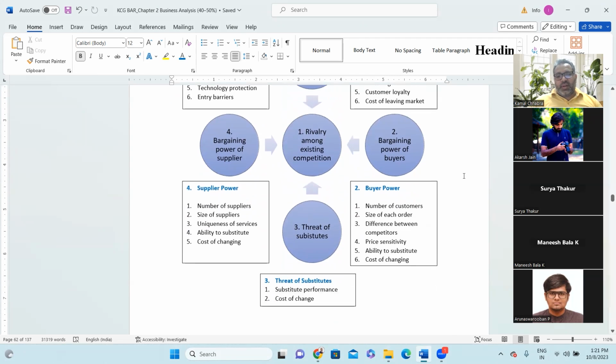The third one is threat of substitute, substitute performance, and the cost of change, like we were discussing. The fourth is bargaining power of supplier. For example, if you are in petroleum products, you require crude oil.